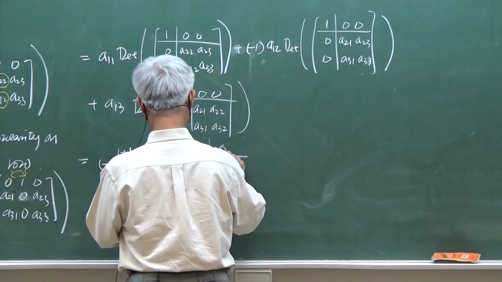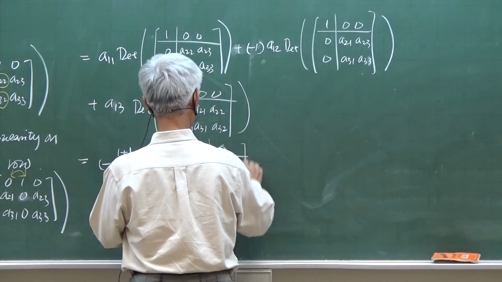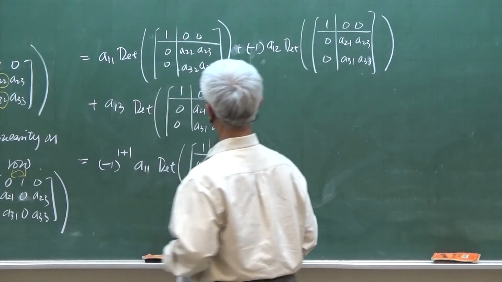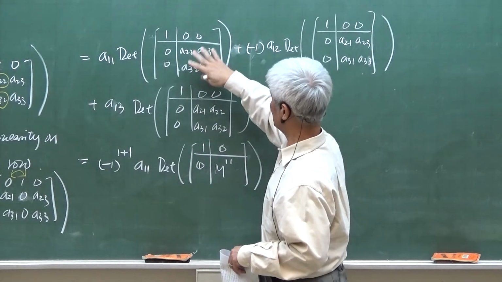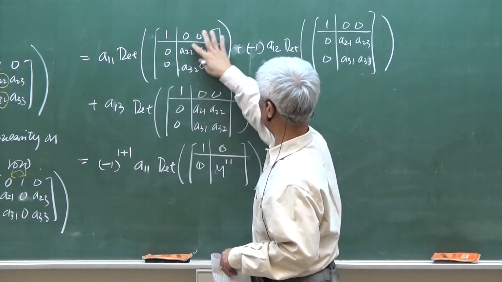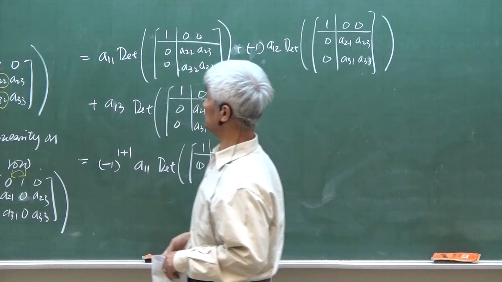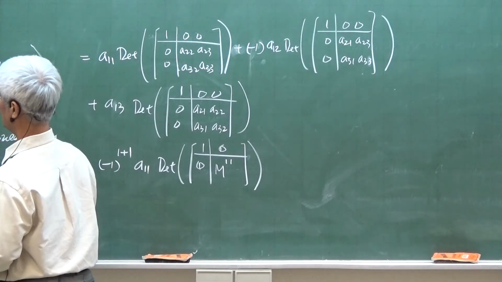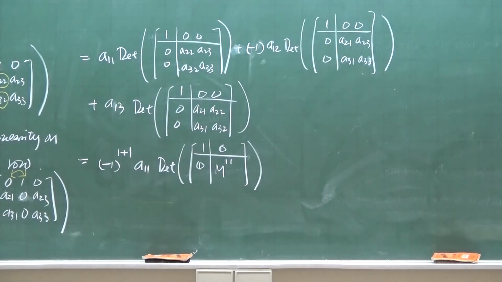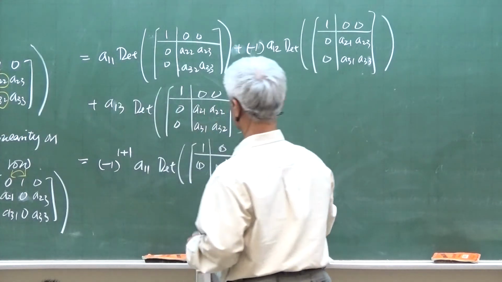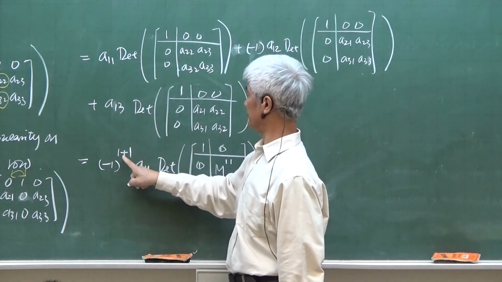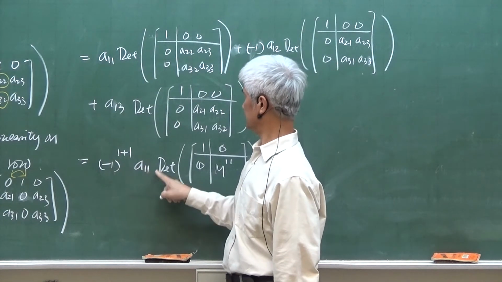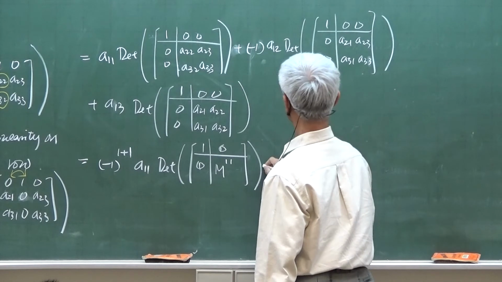M11. This submatrix here is obtained by removing the first row and first column of A. So this is the 1 1 minor, and the sign is minus 1 to the 1 plus 1, which is 1.